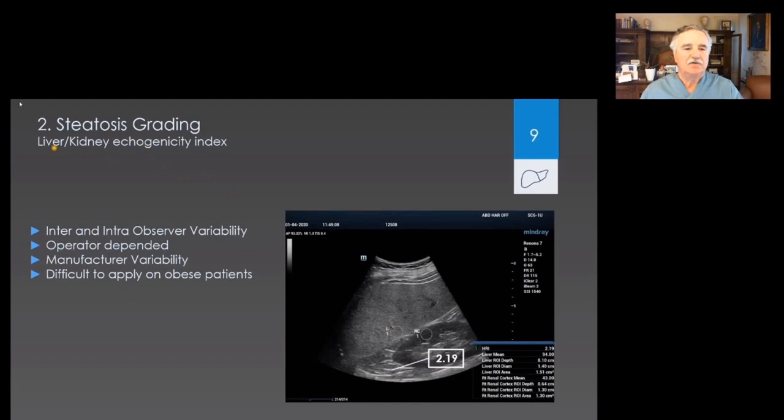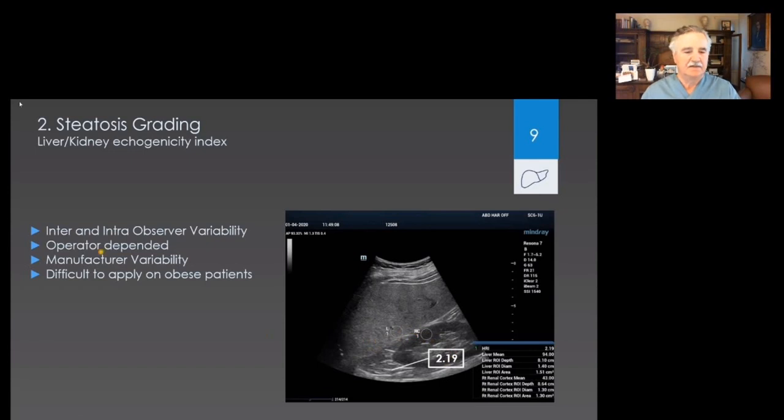We all know the liver-kidney echogenicity index, meaning the measurement between the echogenicity of the liver and the echogenicity of the cortex of the kidney. In this situation, the number is more than 2. That means that there is an important difference in echogenicity.